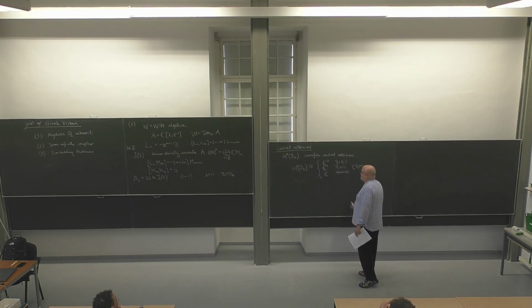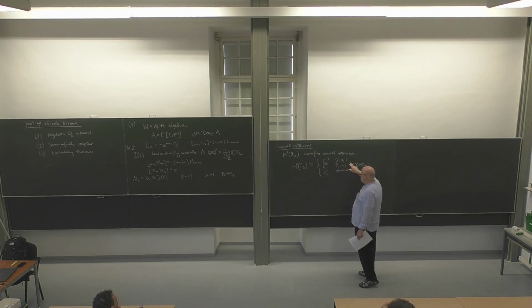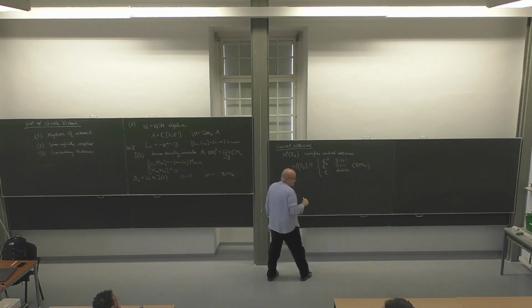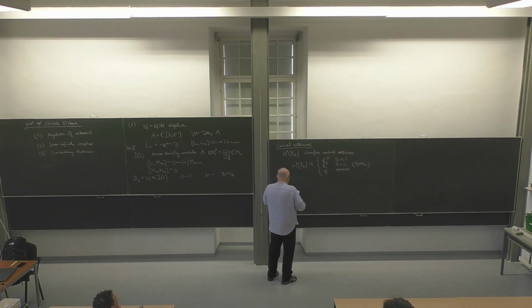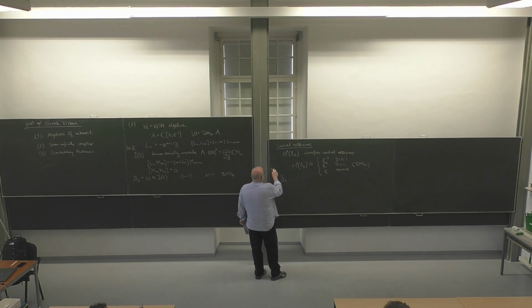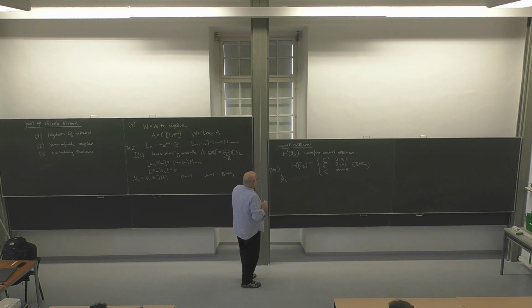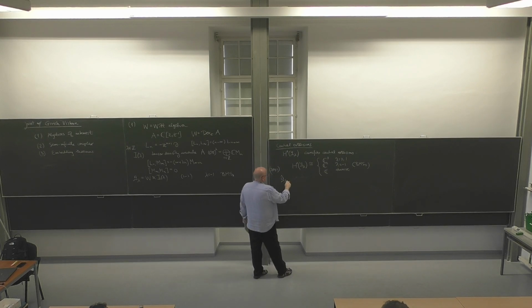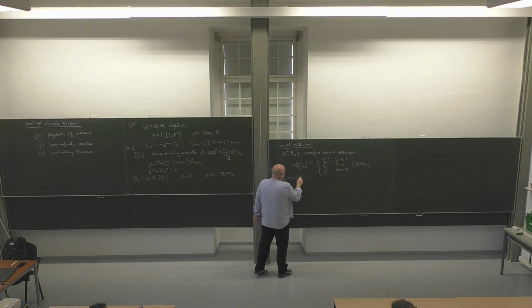I'm going to ignore lambda equals 0, 1. So I'm going to write things for lambda generic or lambda equals -1. Let me ignore 0, 1 for the purposes of this talk. And so this is the universal central extension.